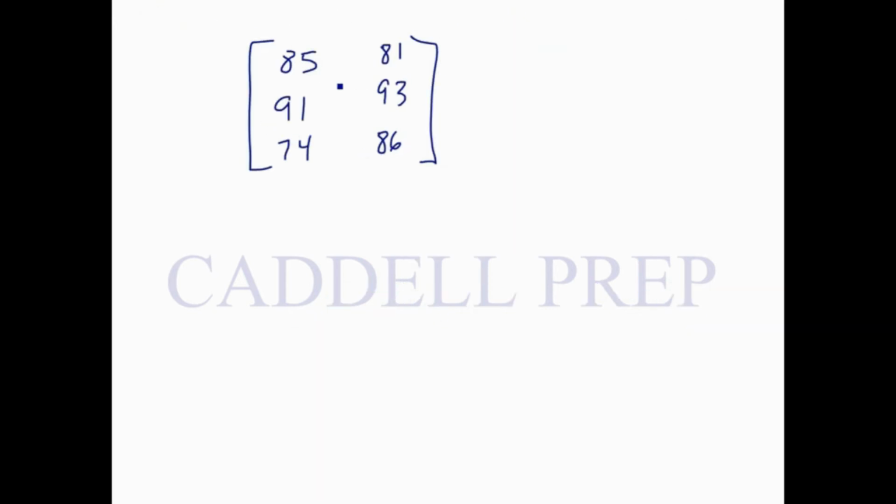Now let's look at this data again. Each piece of information in here is called an element. And we could identify the element based on the row and column it's in. So let's say that this is row 1, this is row 2, this is row 3. This would be column 1, this is column 2.